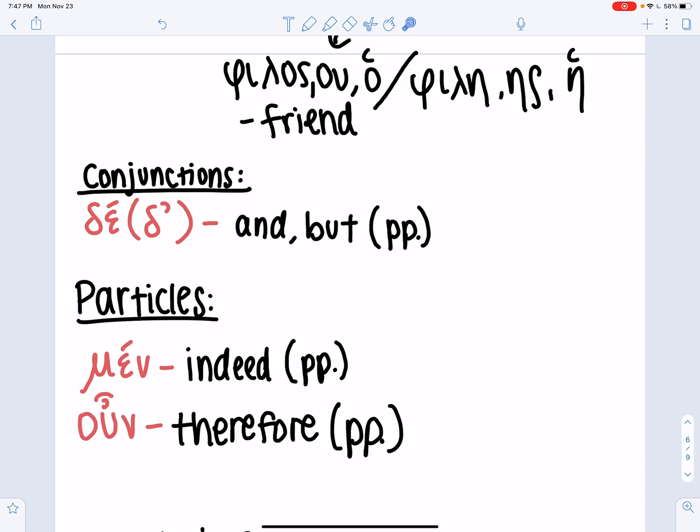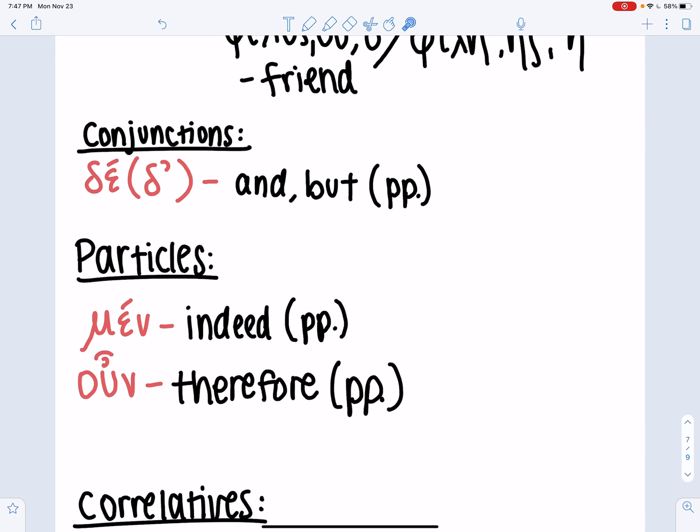So post-positive, if you don't know what it means, is that you're taking this word, de, and putting it after the word that it accompanies. So if there's a noun and then you want to put de with it, you're going to put de after that noun. That's what post-positive means, and you'll see it in a couple other words we have coming.